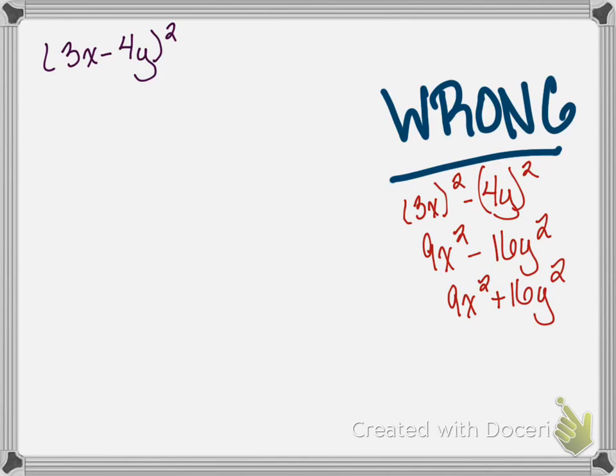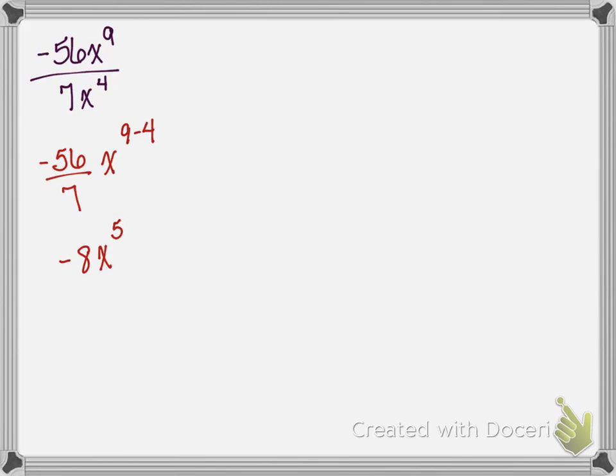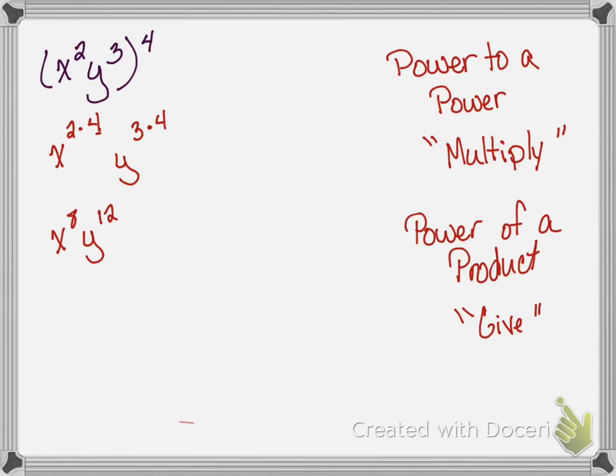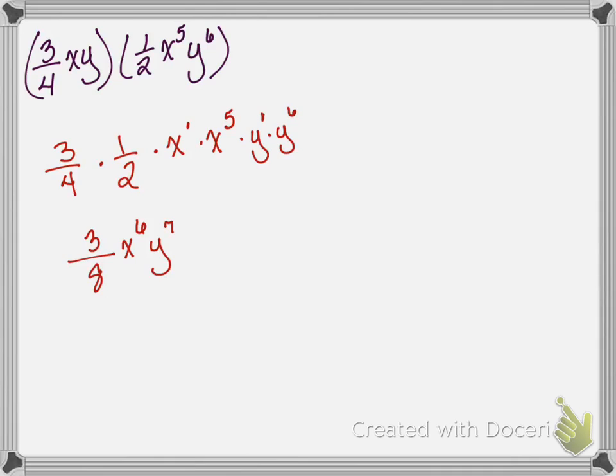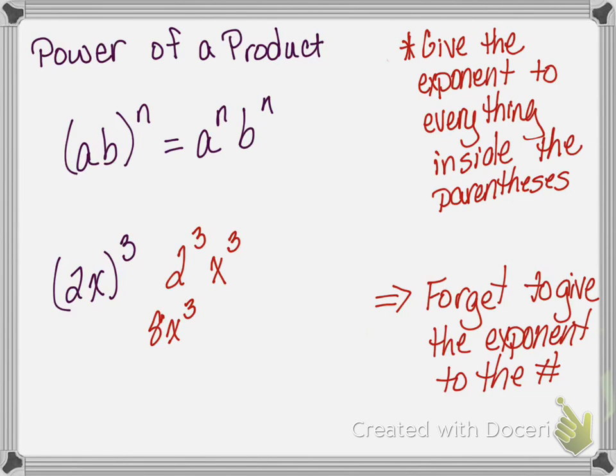The reason that students are doing this is wrong, but the reason they are doing it is because of this property right here, the power of a product. What students are remembering is if they've got an exponent on the outside of a parentheses, they give that exponent to everything on the inside of the parentheses.